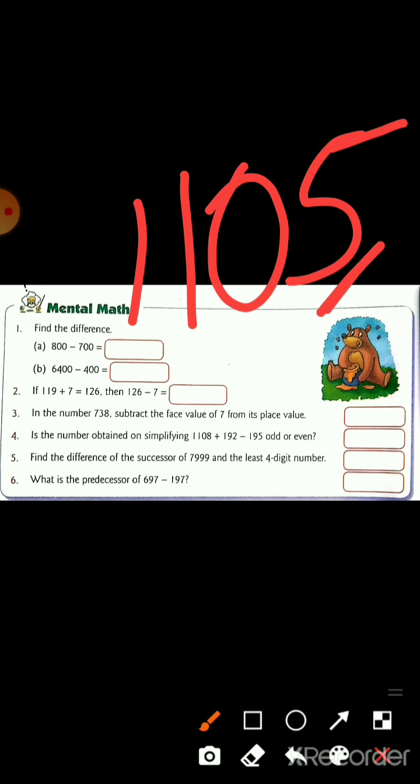If the number has ones digit as 0, 2, 4, 6, 8, then that is an even number. Because this number has 5 as its ones digit, it is an odd number. So it is odd.